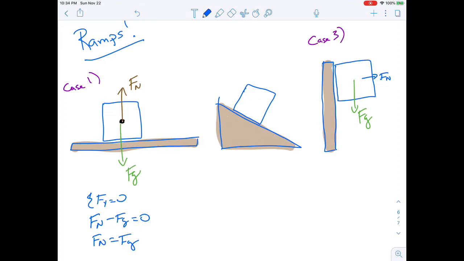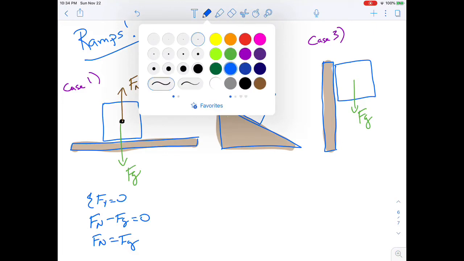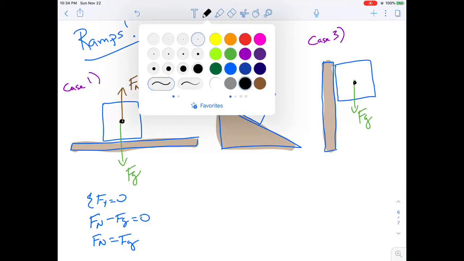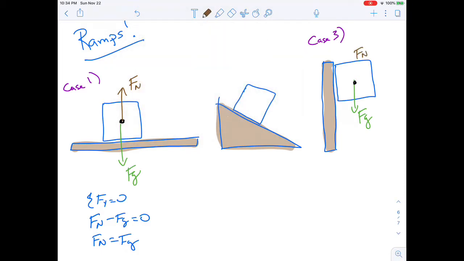So basically, if I put this against the wall, especially if it's a slippery surface, I can pretty much say it's free fall, right? I hope that makes sense. So there's no normal force here, or it can be assumed that it is so small it's negligible.